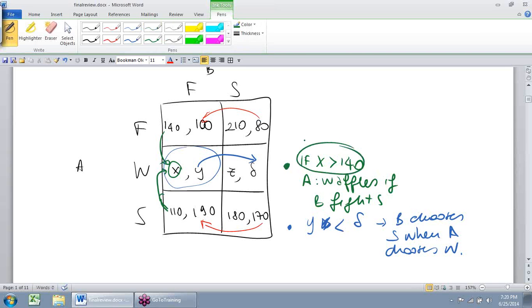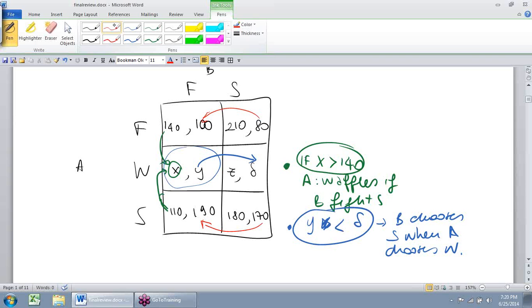This will be our first condition, okay? The second condition will be Y smaller than delta. And now we need to find the last condition, okay?